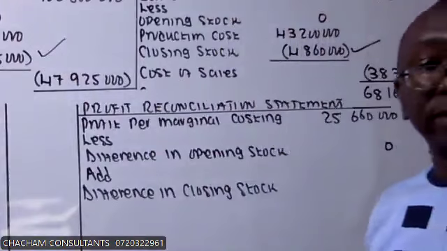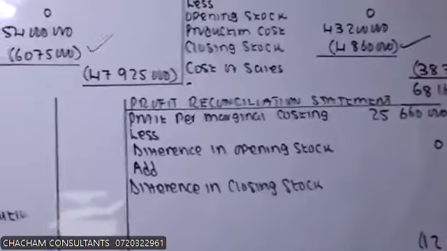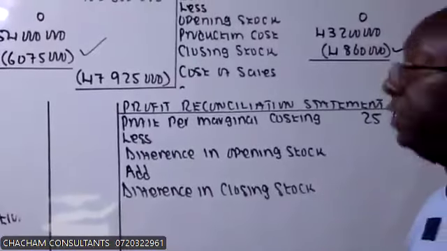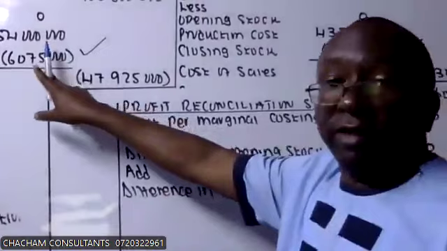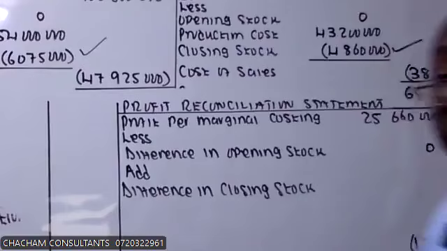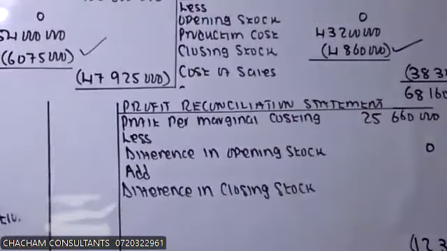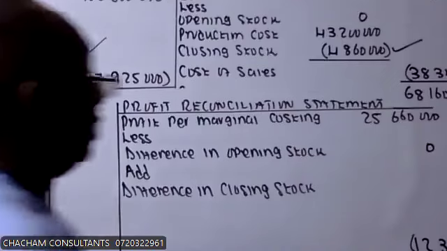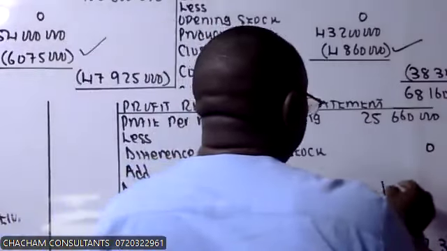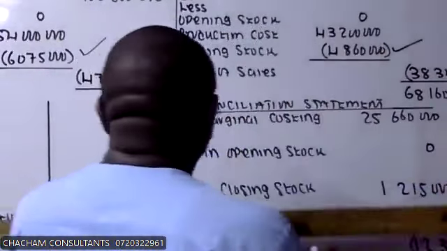So give me the difference between the two. The difference between this 6075 and this 4860 is $12.15. So I put it here, 12.15.